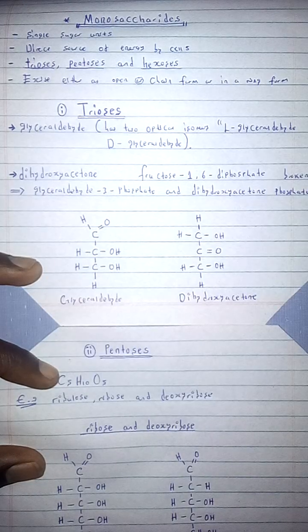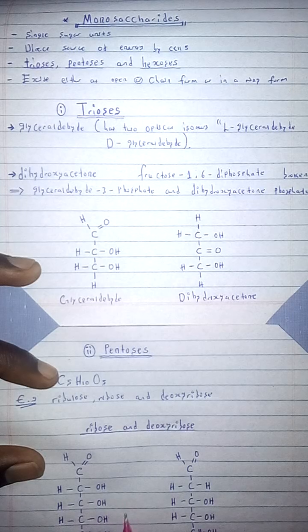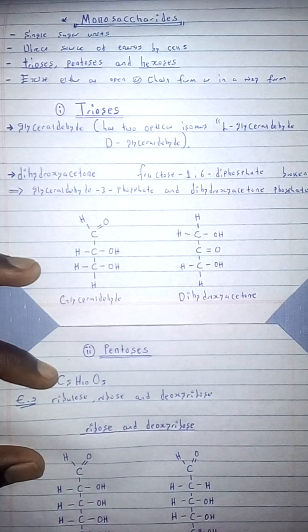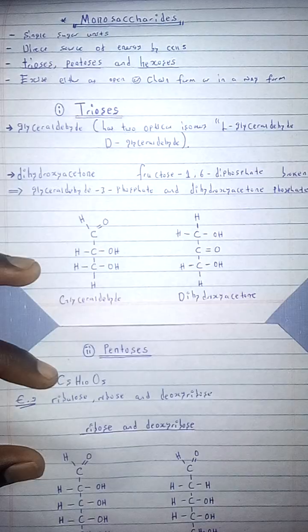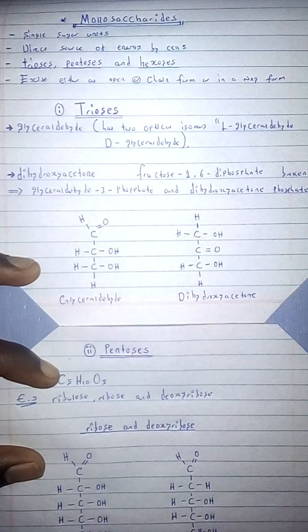But this is the D form, not the L form, and this is also the D form, right? Because the OH groups are to the right. That's the reason why it's called the D ribose. When these swap sides, this will be called the L ribose. Same thing applies to this one.